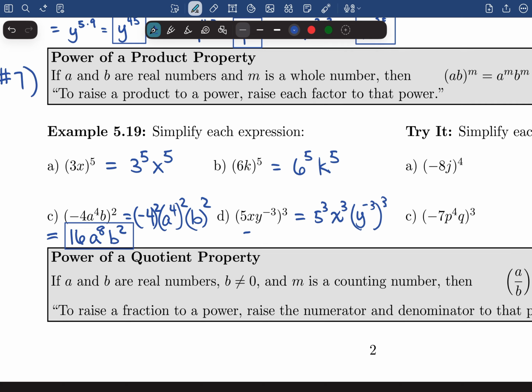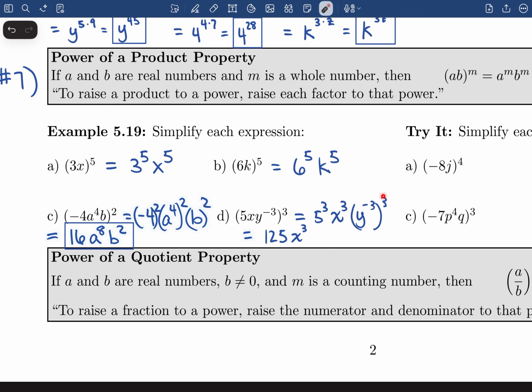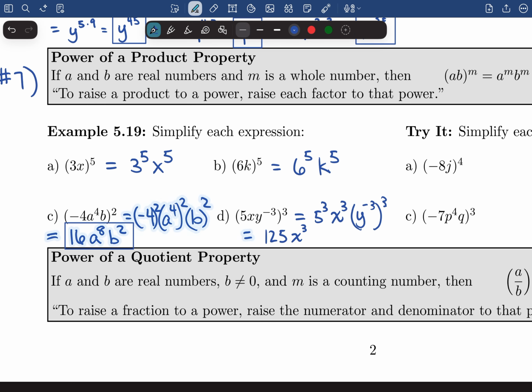Now cleaning this up a little bit, 5 cubed is 5 times 5 times 5, which is 125. And then I've got x cubed. And then y to the negative 3 times 3. I'm going to multiply these together using the power rule, and I get y to the negative 9.